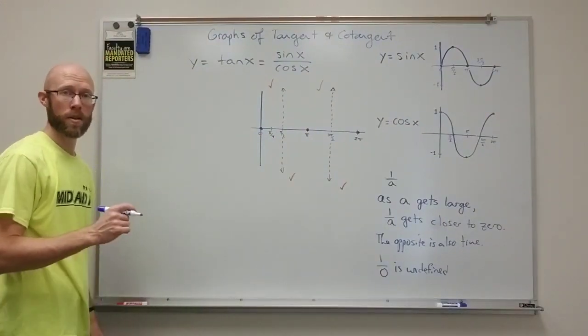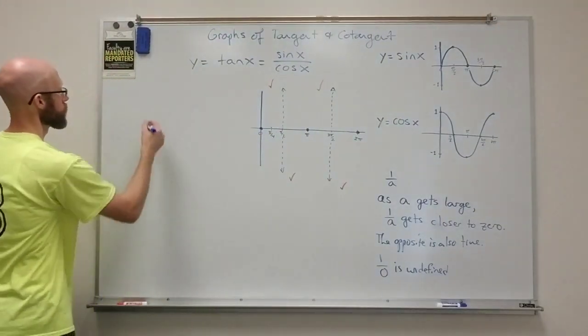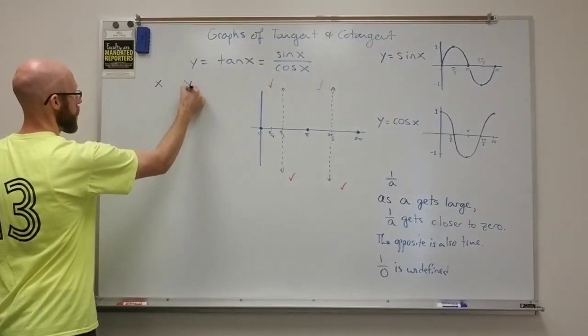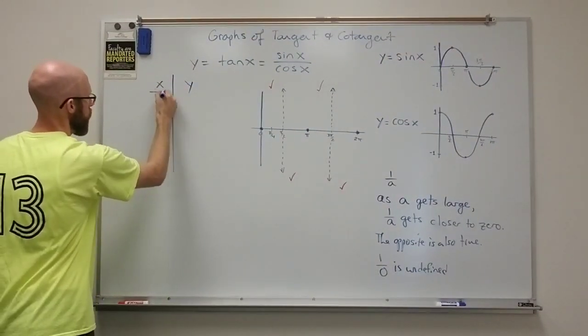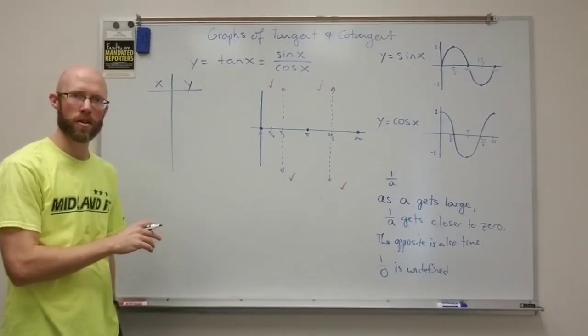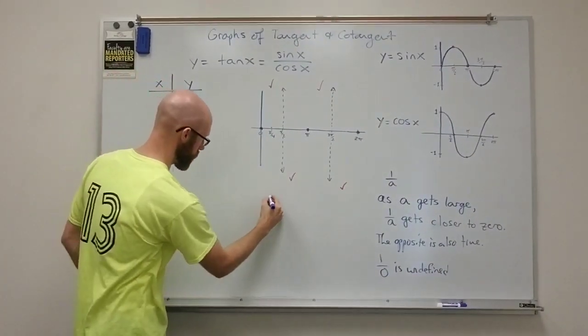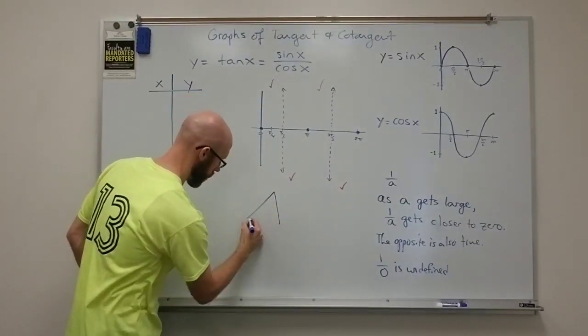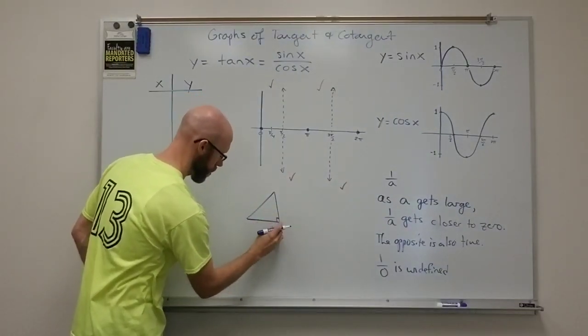Okay, so what I'm going to do next is redraw the x, y table. And I'm going to just real quickly sketch out our two special triangles because that's going to help me get these values a little bit quicker.